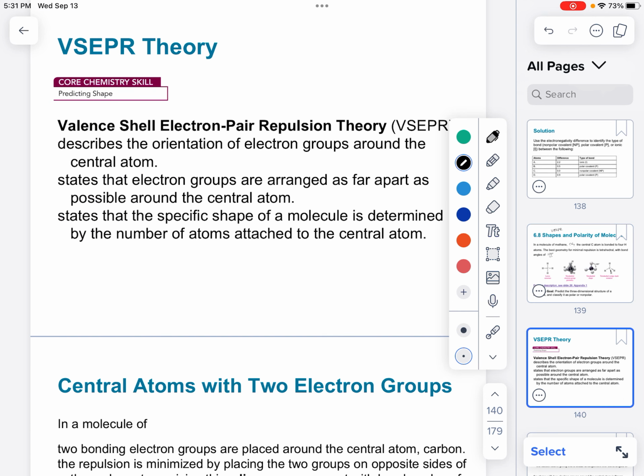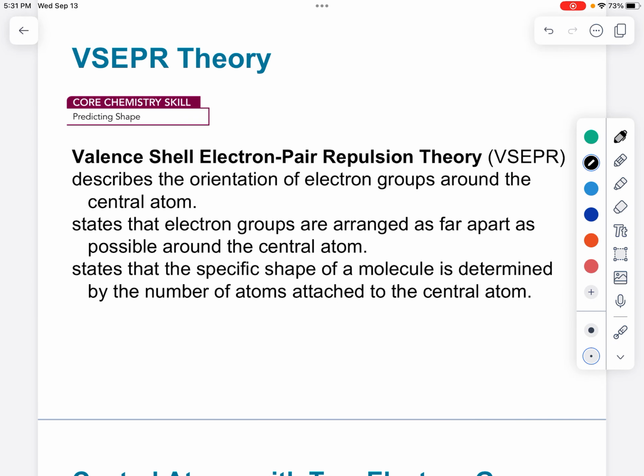And like I said, valence shell electron pair repulsion, VSEPR, states that electron groups are arranged as far apart as possible around the central atom. That states that the specific shape of a molecule is determined by the number of atoms attached to the central atom.